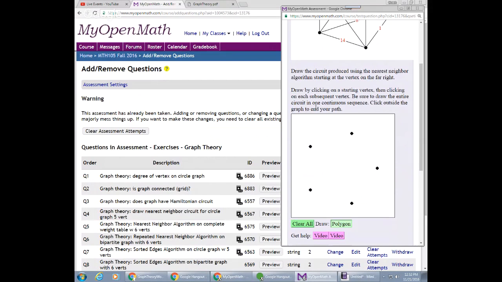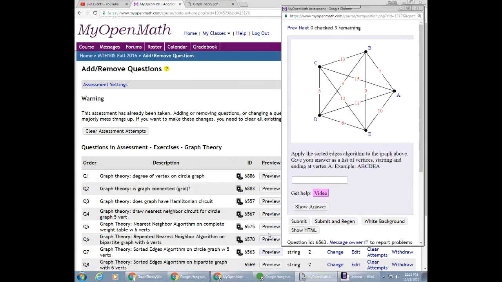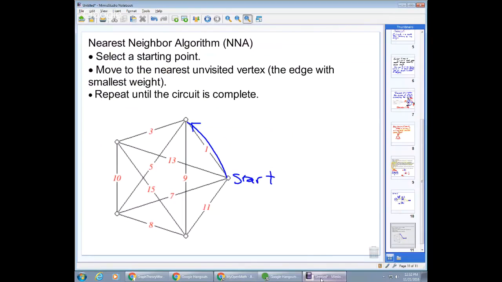So I'm going to label these based on the labeling for number 7. So how did number 7 do it? 7 started with A and goes around counterclockwise. So we'll call this one A, and this one B, this one C, this one D, and this one E. Okay, so next we should move to what?